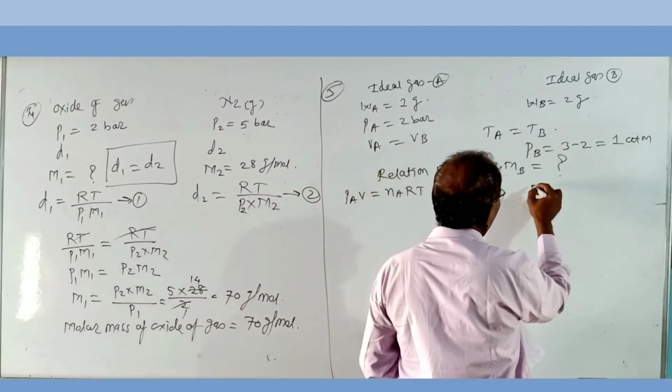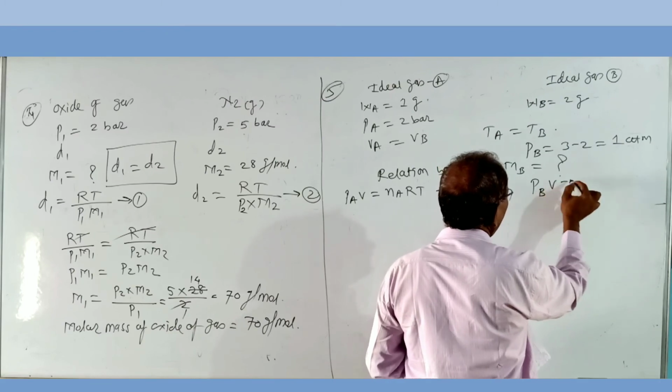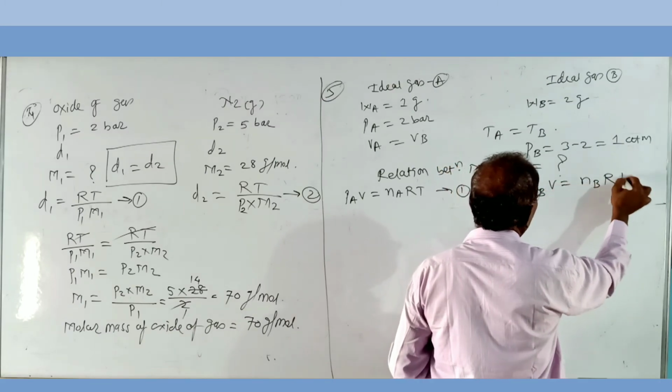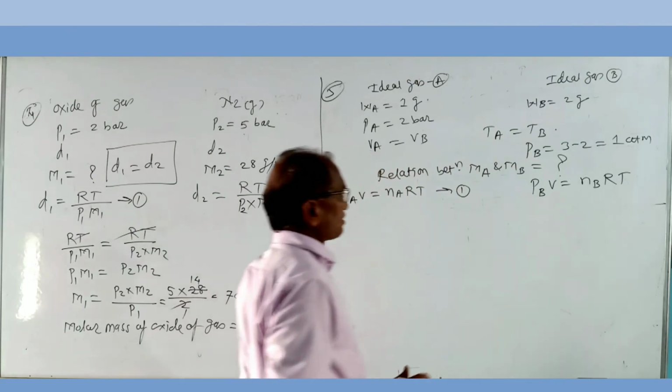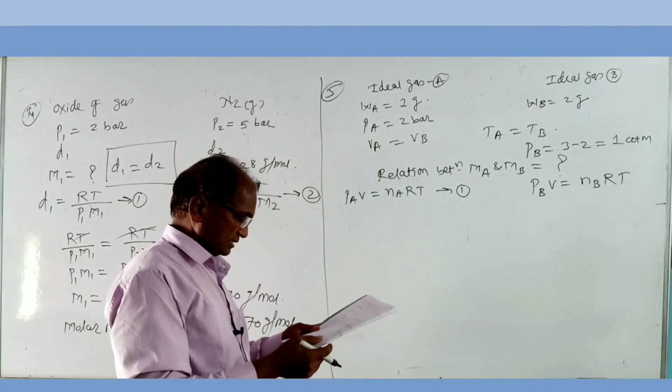Right? For ideal gas A, PAV is equal to nART, equation first. And for ideal gas B, PBV is equal to nBRT. V is constant, R is constant, T is constant, right?